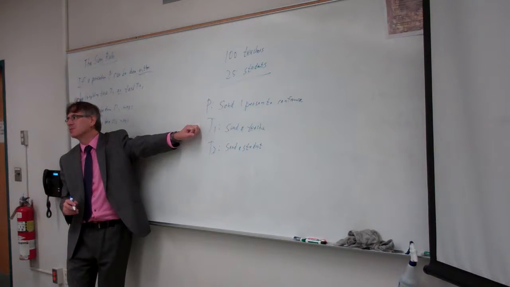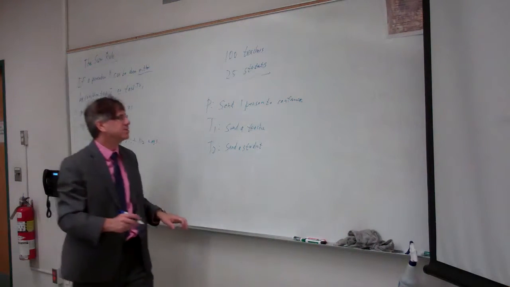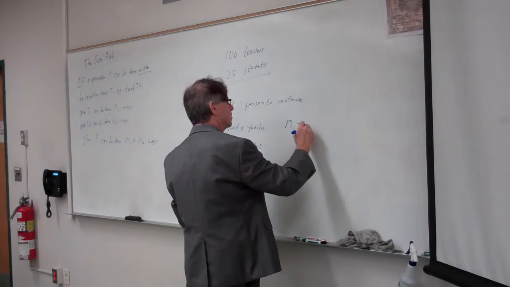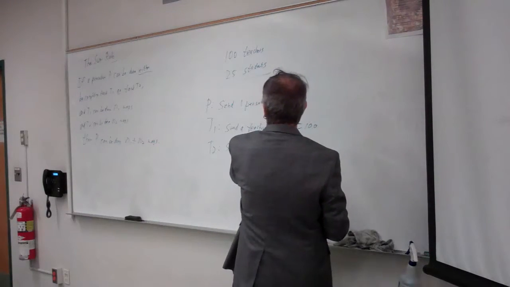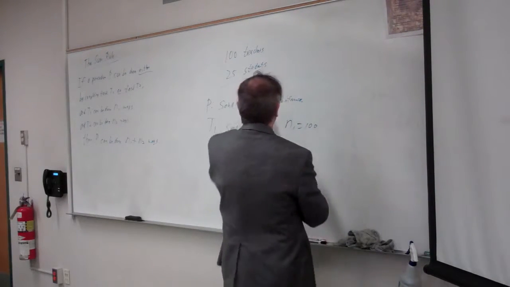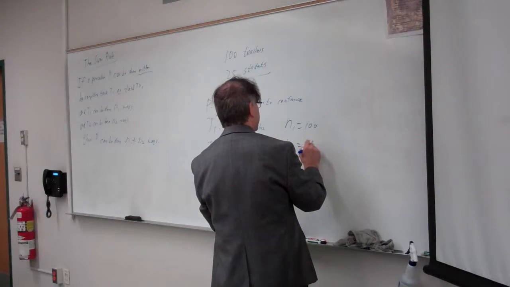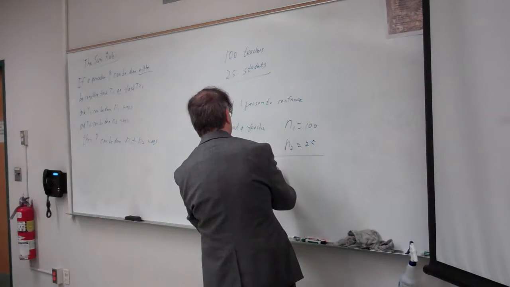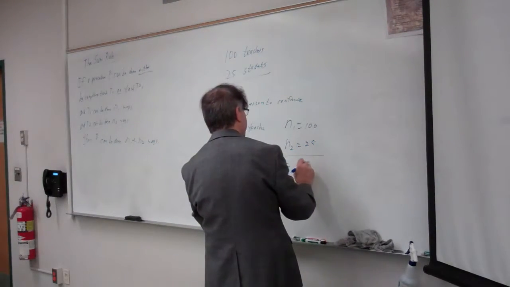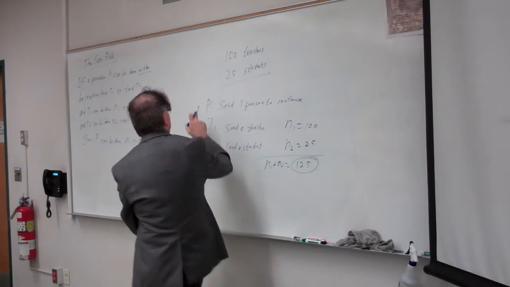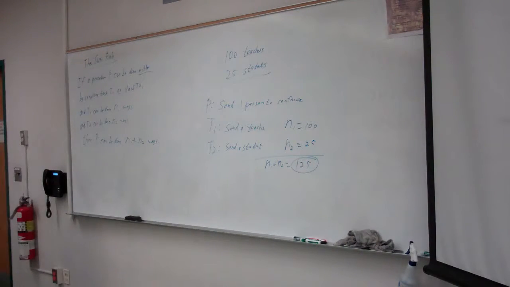There's 100 choices we can make. So there's 100 options. And if we decide instead to do T2 to send a student, there's 25 ways we can do that. So N1 plus N2 equals 125. That's the number of ways we can complete procedure P.